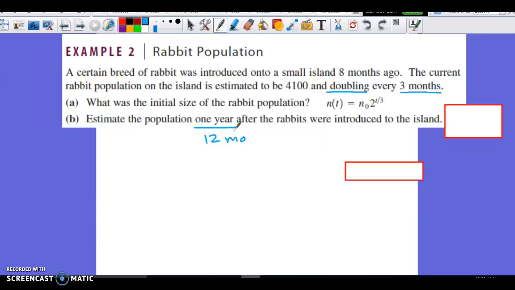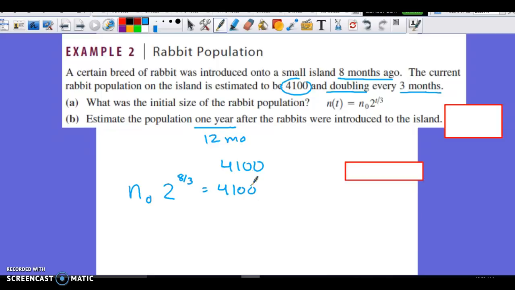Okay, so what we're going to do, 4,100 is how many were there after 8 months. So we're going to use this equation here to find out what n sub 0 is. Look in 8, 4,100.